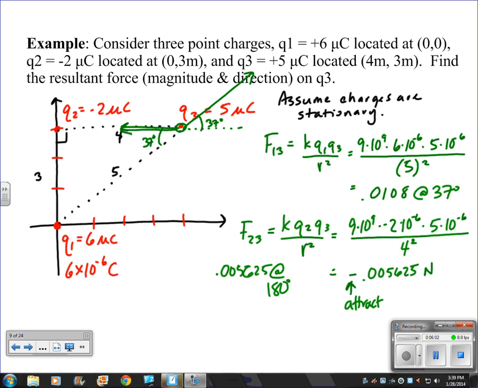Okay, now I'm ready to add my vectors together. And what I'm going to need to do next is resolve each vector into its components. So, let's see what we've got here.